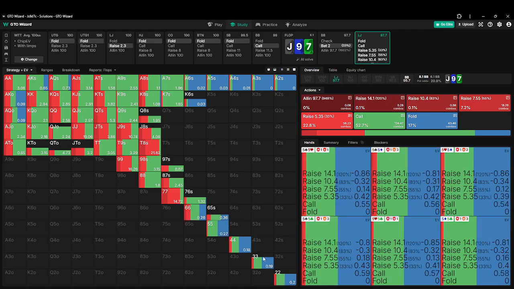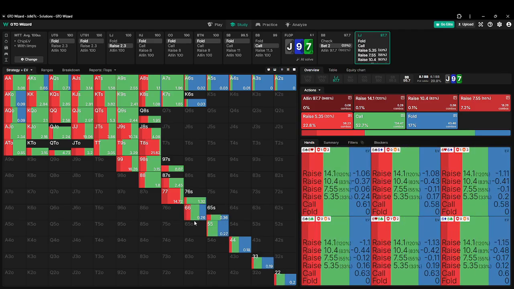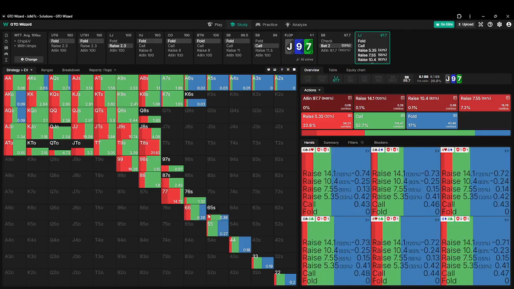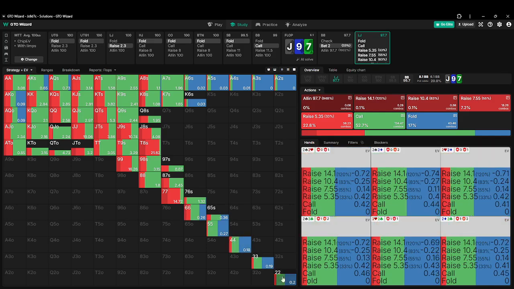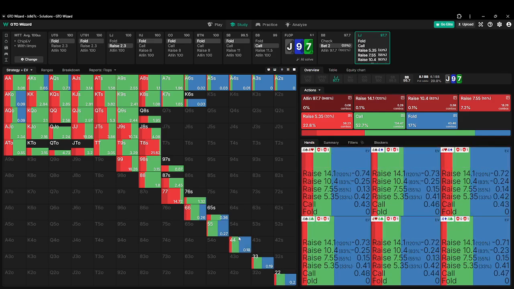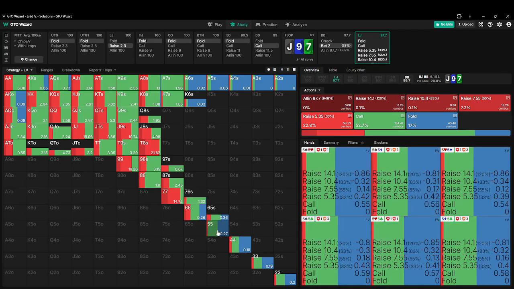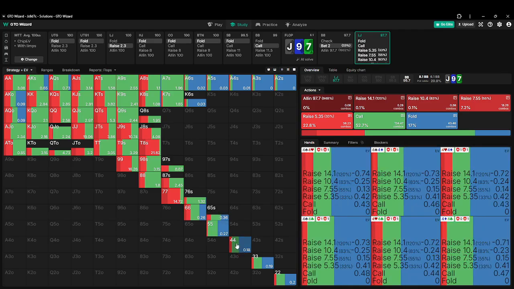Again, the lower pockets, the under pairs, except for the sixes, I guess, because you have the potential backdoor straight with the 8 and 5 coming, but with some of the other ones we're just folding them more often than anything else in this situation. Again, I have a feeling that because it's a very rare spot, since they never really meant to bet, this is probably why some of the results are a little bit wonky in terms of the ratio between the EV and how often it does each action.